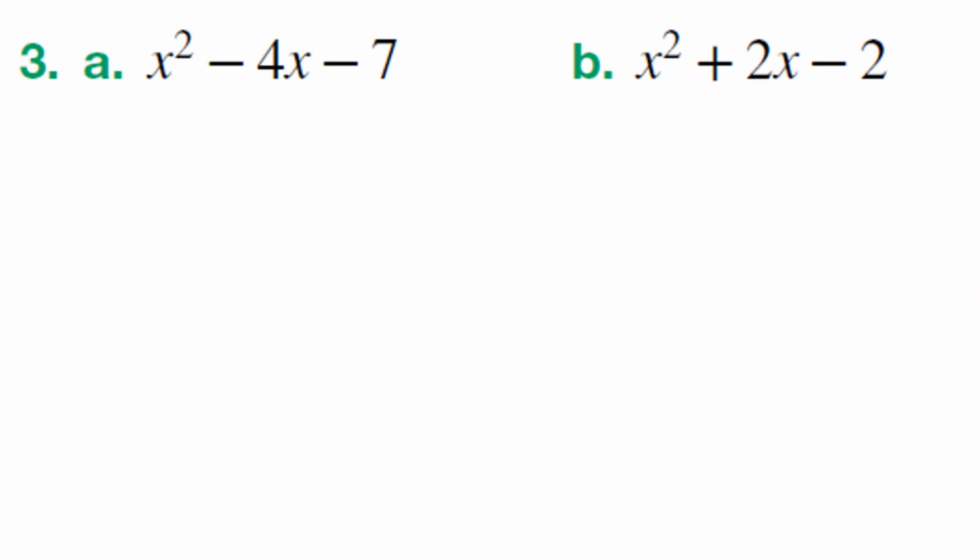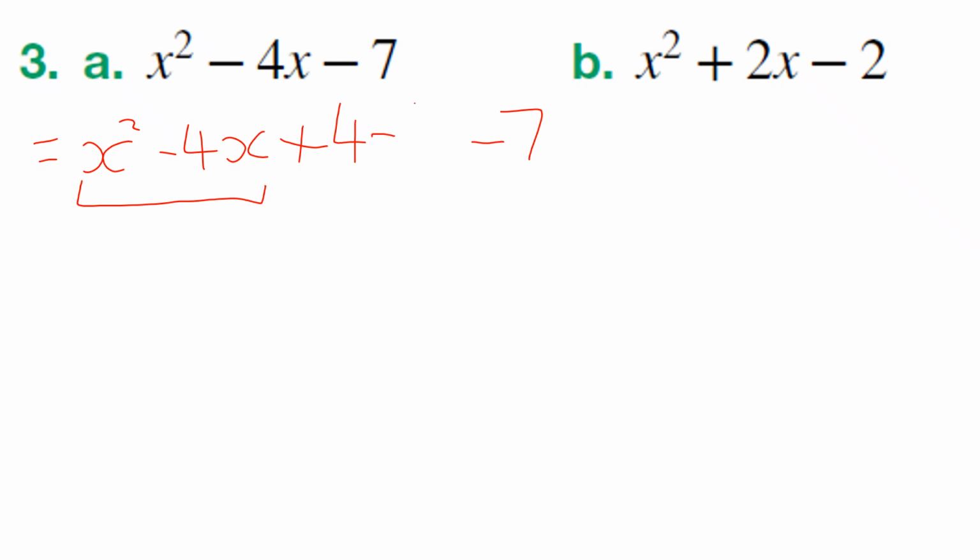So we start off by moving that constant, that's 7, over to the side here. What do we need to add to complete the square for this bit here? We're going to need to add 4.